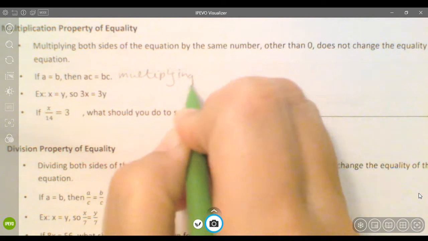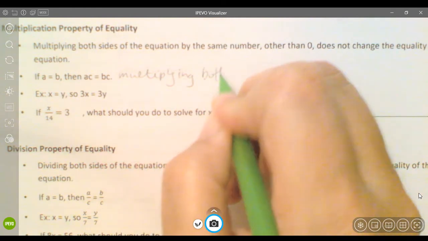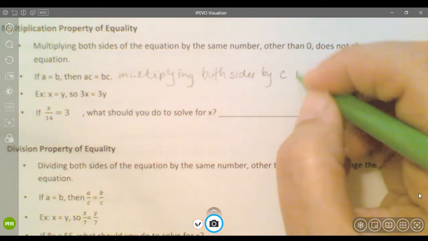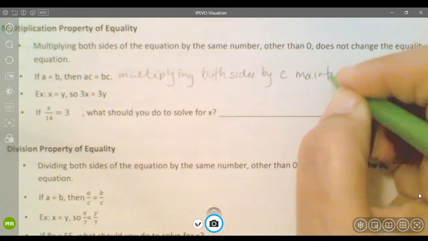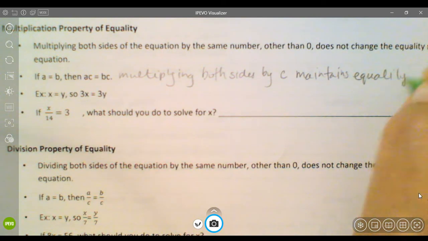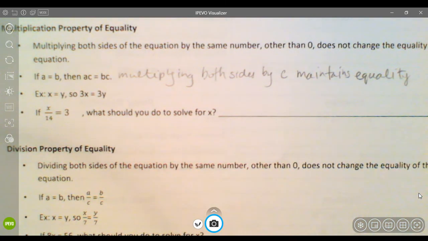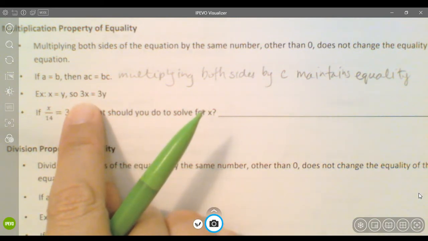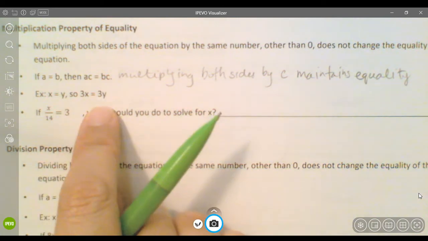Multiplying both sides by C maintains equality. X equals y, so 3x equals 3y. We multiplied both sides by 3.